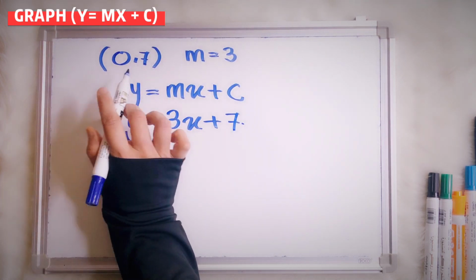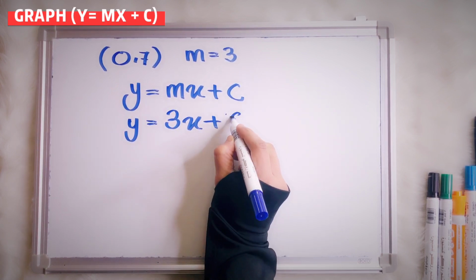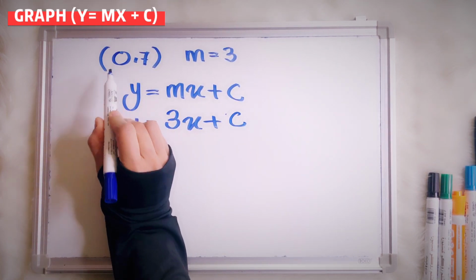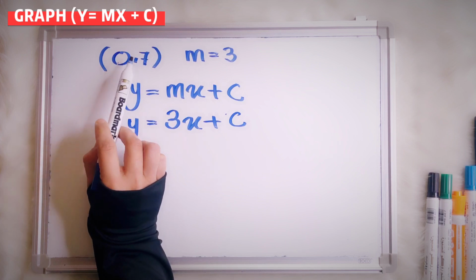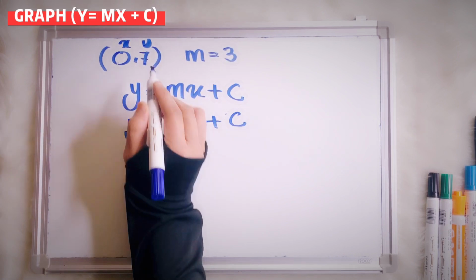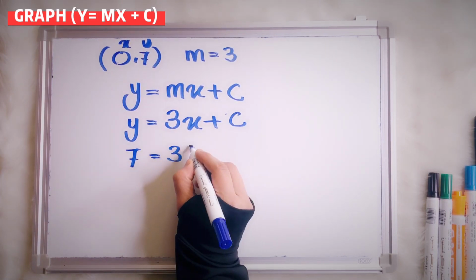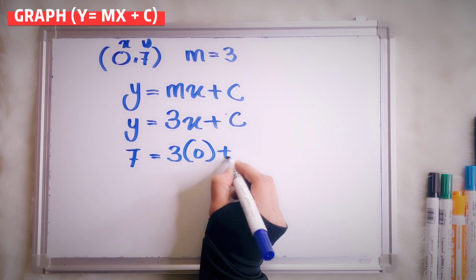Let's say you don't want to use that. I'll show you. Put c. Same thing, substitute the values for x and y. This one is for x and here is for y. So now your y is 7, the gradient is 3, and your x is 0, plus c.